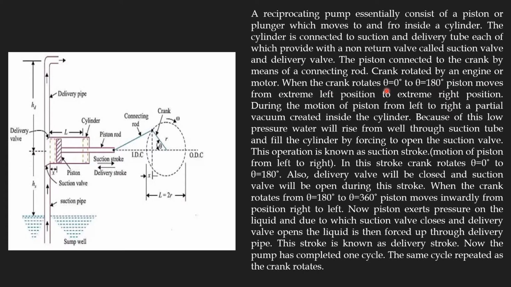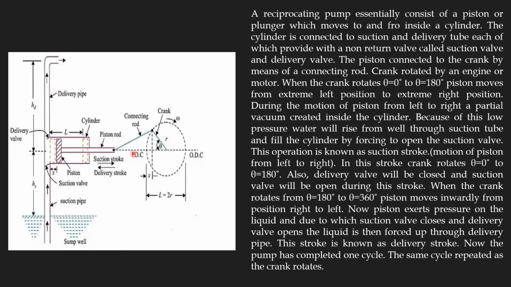When the crank rotates from 0 to 180 degrees, the piston moves from the extreme left position to the extreme right position. During the motion of the piston from left to right, a partial vacuum is created inside the cylinder. Because of this low pressure, water will rise from the well through the suction pipe and fill the cylinder by forcing open the suction valve.